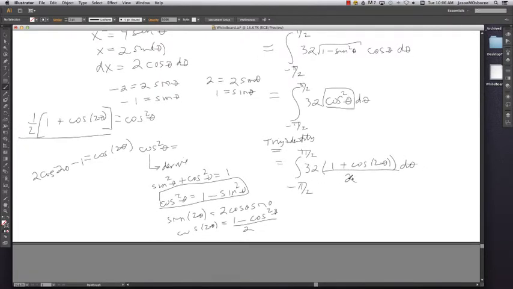Okay, and now you can see that this should split into 32 divided by 2 theta. This splits into 32 divided by 2. I'm finding the antiderivative. The derivative of sine is cosine.